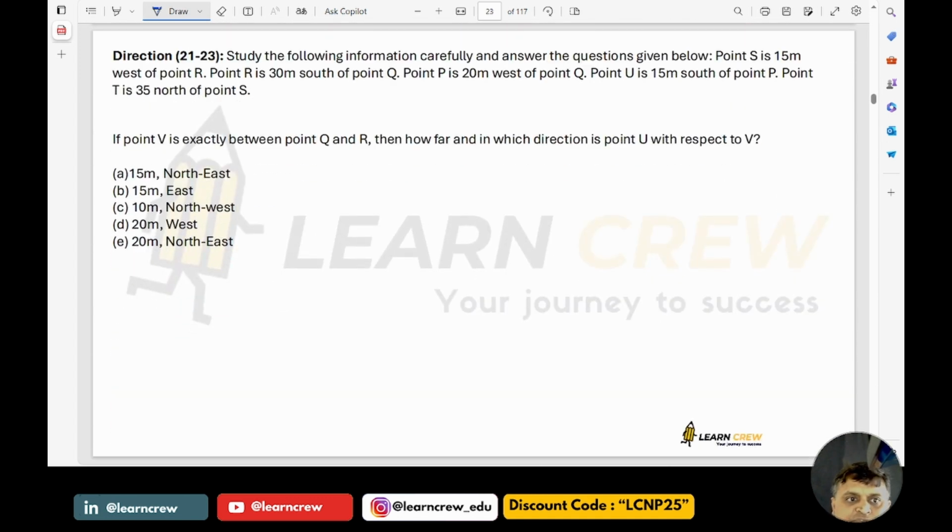Now 21 to 23 are based on directions. Please see, what is given?